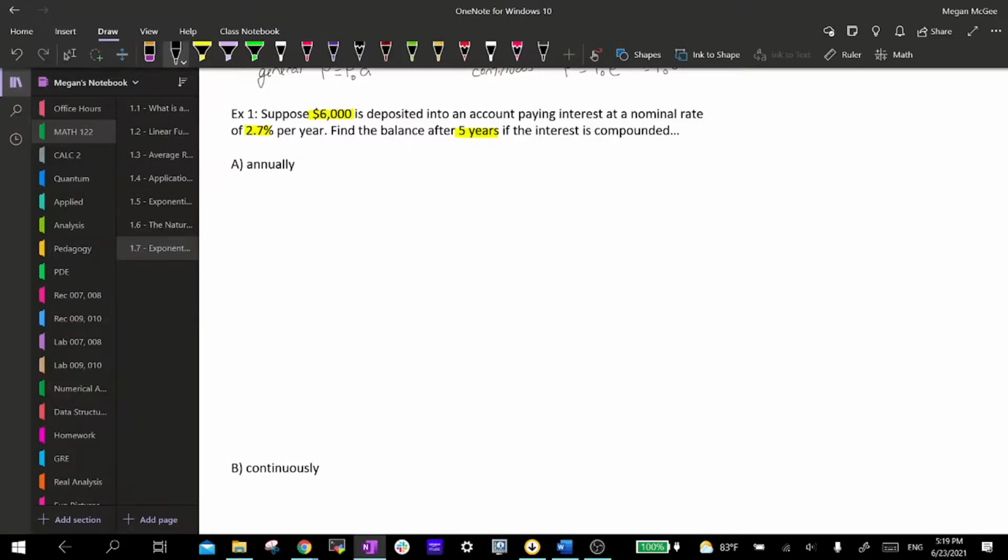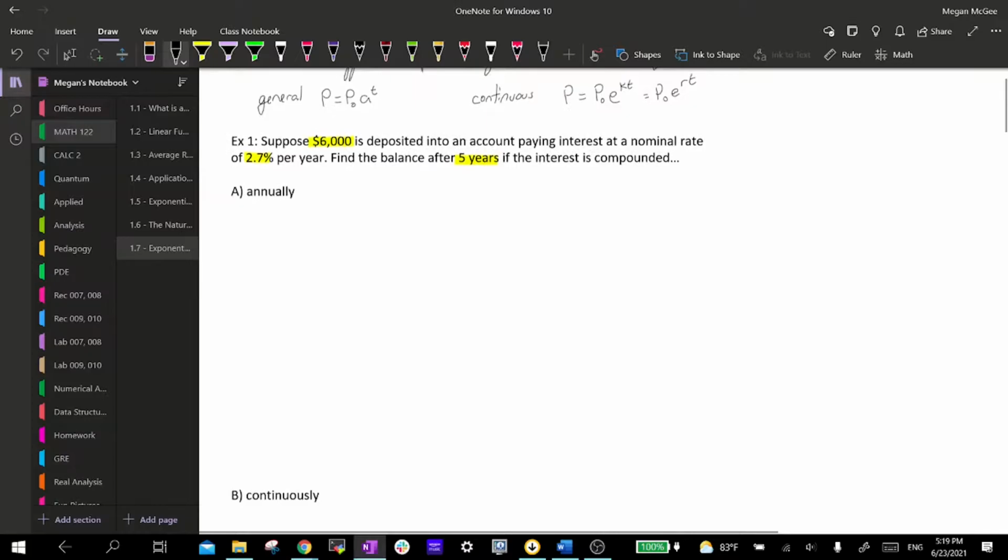The reason these two different ways are important is because we have two different ways of expressing our exponential equations. So for the annual compound interest, we are going to use the general expression, P equals P naught a raised to the t power.